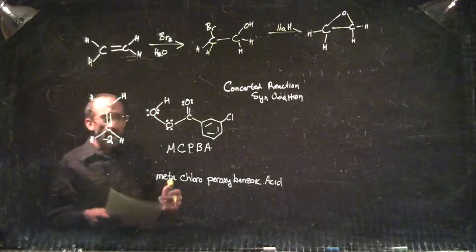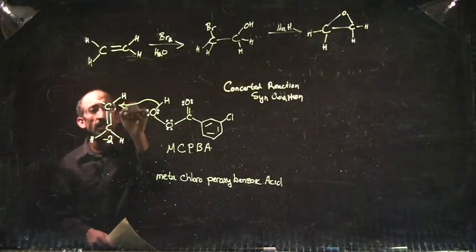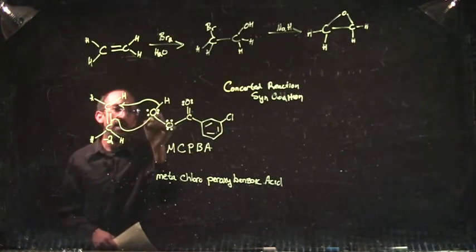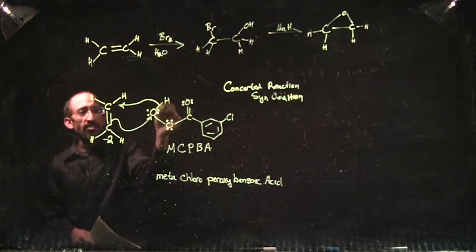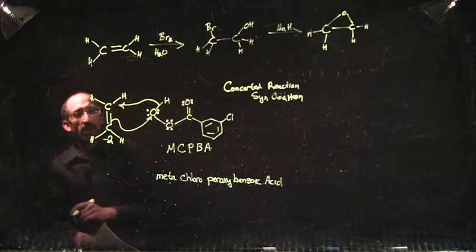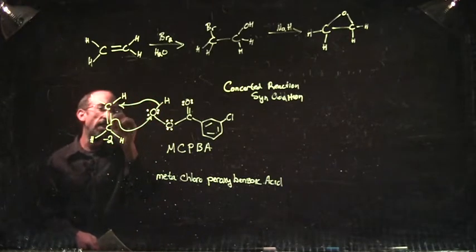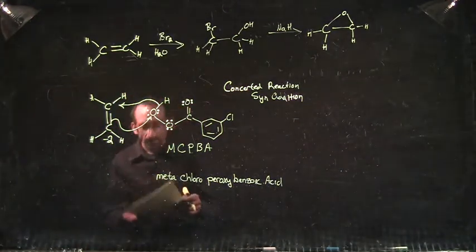So how does that arrow pushing look? Well, we do a little bit of a Diels-Alder type of arrow pushing, or what we saw when we were initially adding X2, where the electrons in this oxygen-hydrogen bond are going to go to make a bond with one of the alkene carbons. The pi bond of the alkene is going to go to make a bond to that oxygen atom.